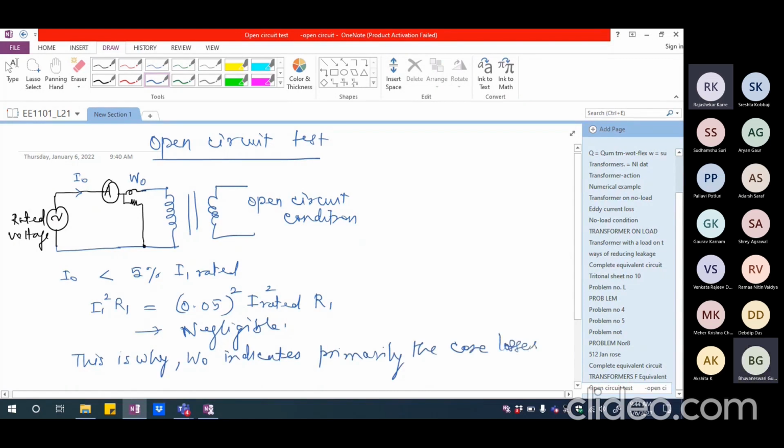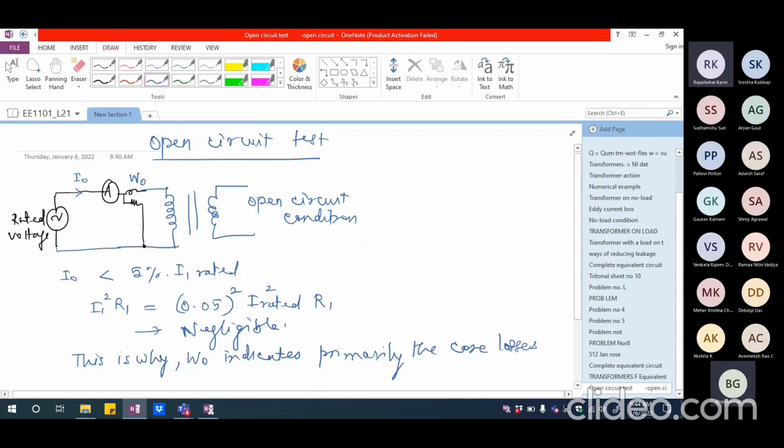Whatever is the hysteresis loss and eddy current loss is now indicated by W0. W0, if you look at it, will have I square R losses also from the primary winding, but that is negligibly small. That is the reason why we take the W0 value as equivalent to the core losses of the transformer. Okay.